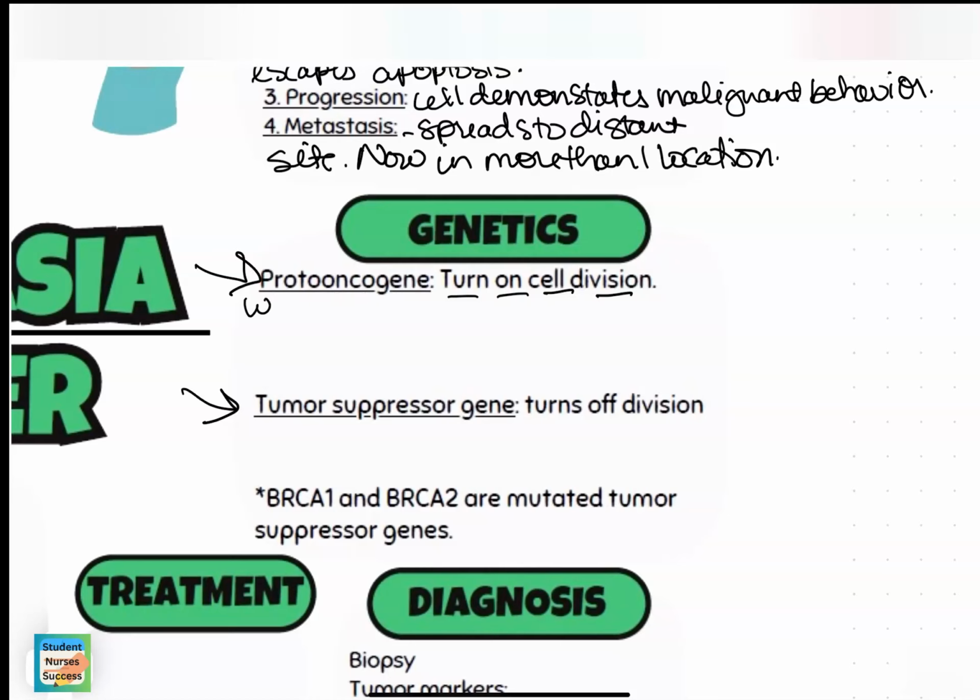However, when a proto-oncogene is mutated, it is now called an oncogene. And oncogenes are bad. Oncogenes mean they won't stop dividing.